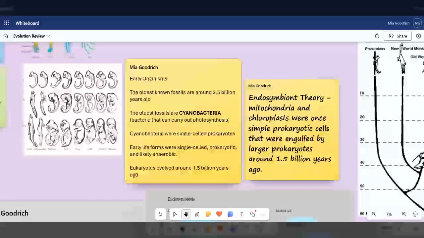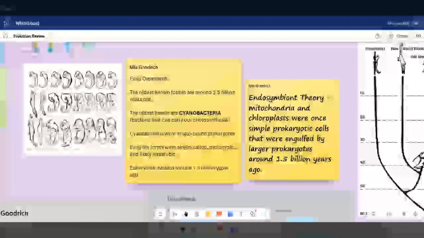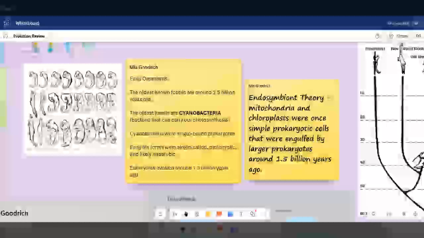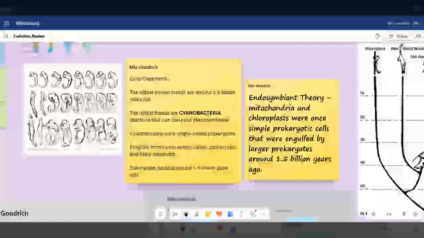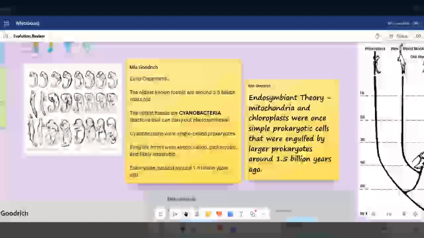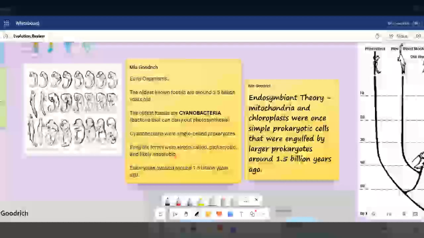Okay, in general, as a rule of thumb, all early life forms were single celled or unicellular, they were prokaryotic, and likely anaerobic. Okay, if you don't recall this term, anaerobic organisms don't require oxygen.